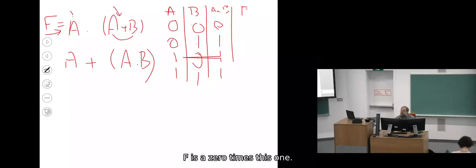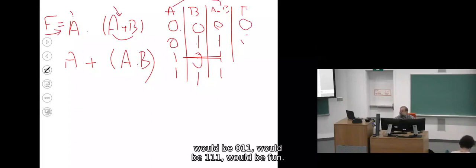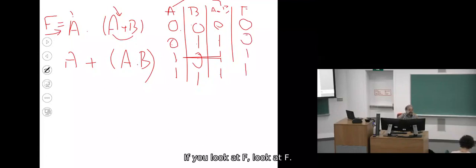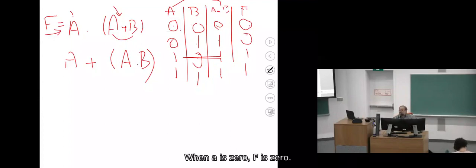So we are ANDing these two columns. 0, 0 would be 0. 0, 1 would be 0, 1, 1 would be 1, 1, 1 would be 1. If you look at F, F is exactly the same as A. When A is 0, F is 0.